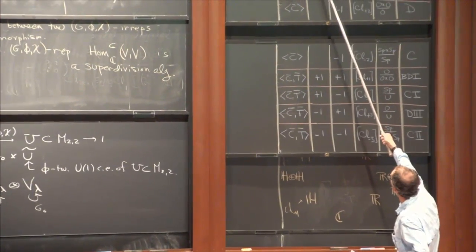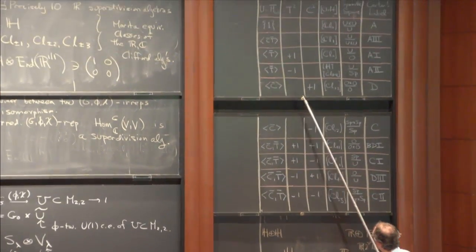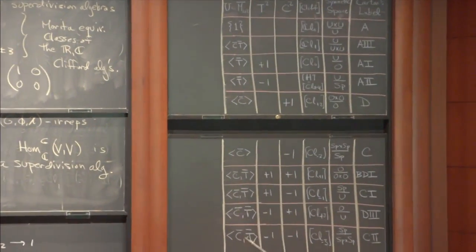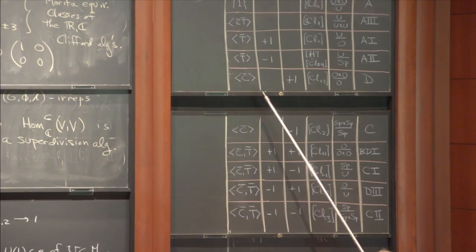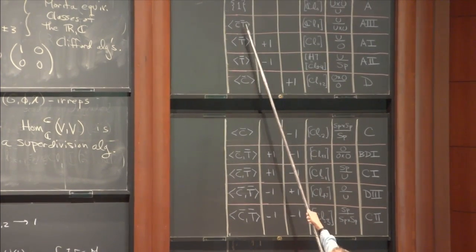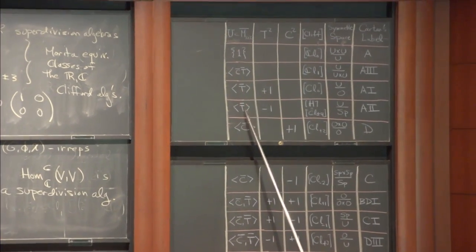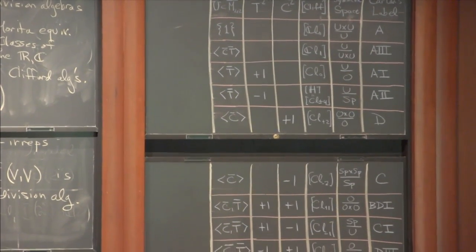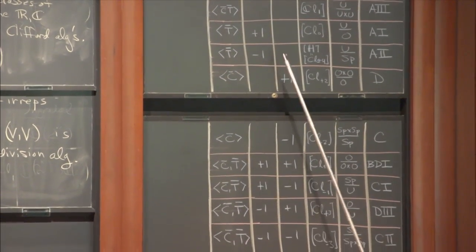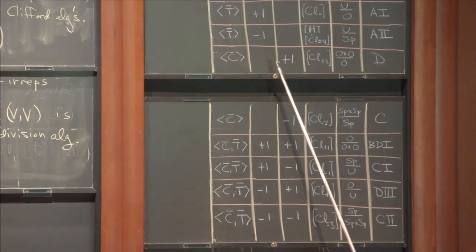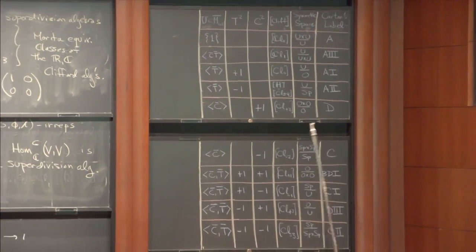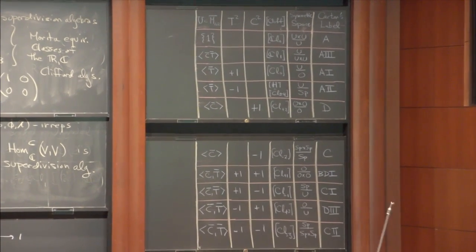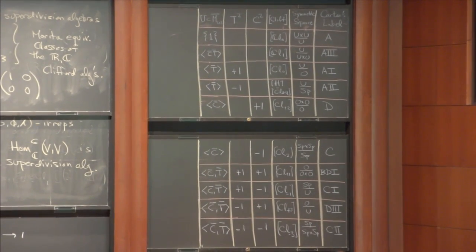So here, you see, in the first column, we have the various possible subgroups of Z2 times Z2. So we have the trivial group, we have the diagonal group, we have T, we have C, and we have the full group itself. And then I've listed the possibilities for the square of T and the square of C. So I call those the 10 CT groups.